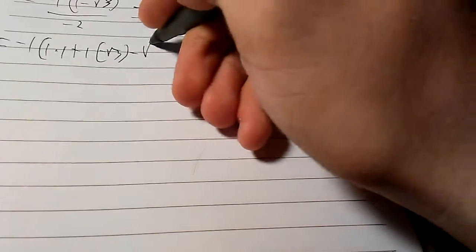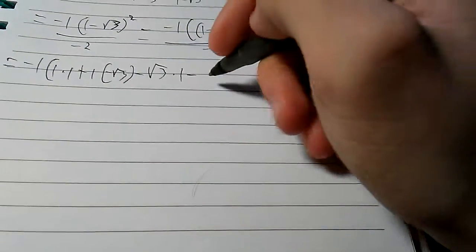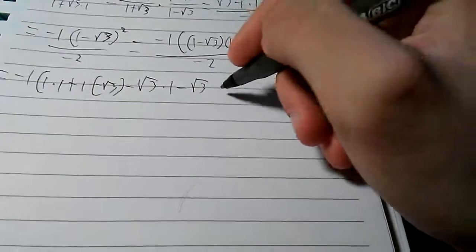Alright, so we're going to write out this big giant number. Still got this negative 1 at the end, and we're just distributing it into all of these things. Negative 1 times 1 plus 1 times negative square root of 3, well, negative square root of 3 minus square root of 3 times 1 minus square root of 3.